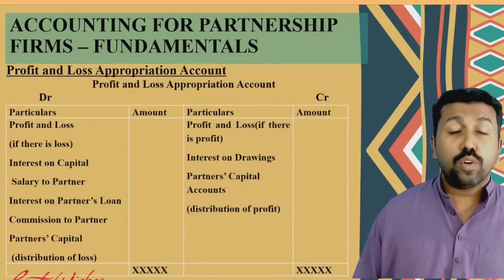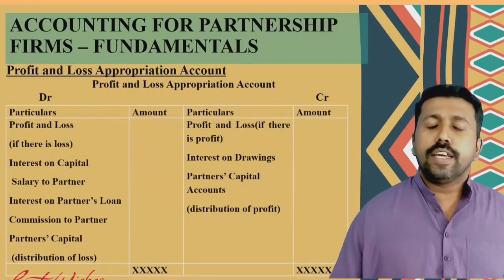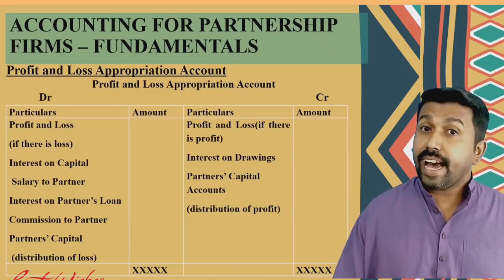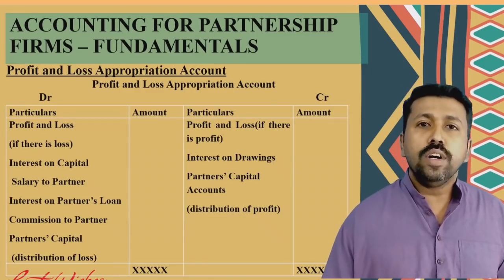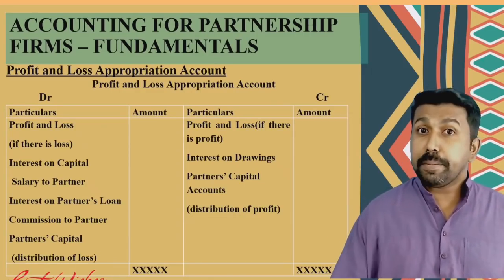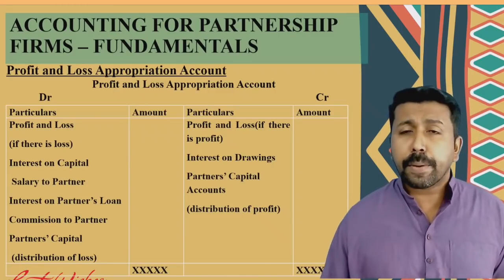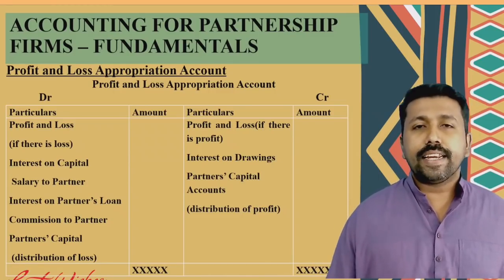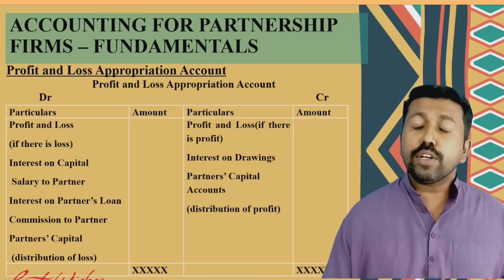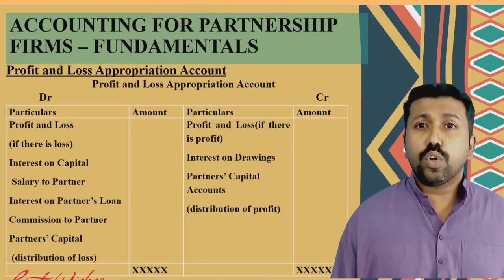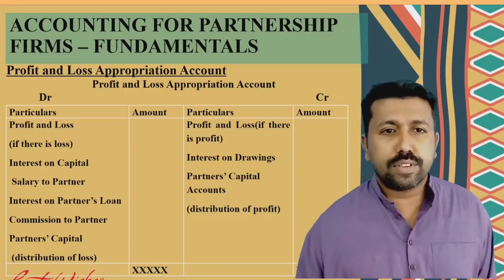And profit and loss appropriation account, you know very well, there are two different words you have to keep in mind very well: charge and appropriation. Charge means an expense which will be debited in the profit and loss account, whereas in the profit and loss appropriation account, we are debiting all the appropriations given to the partners, like interest on capital, salary or commission to a partner, and also the reserve transfer.